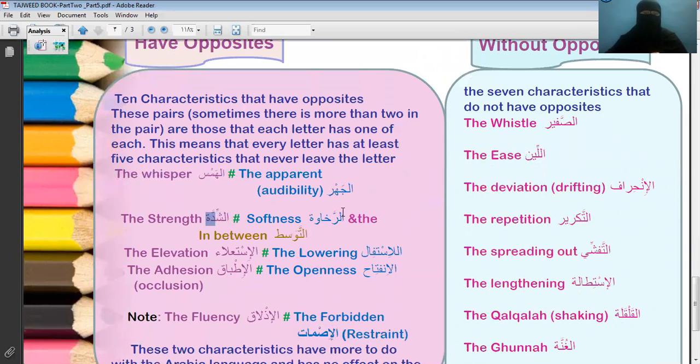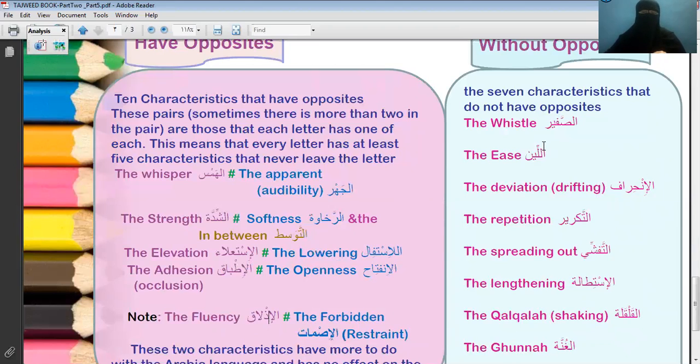Shidda, number 2, the opposite of it, rakhawa. Between shidda and rakhawa, tawasut, moderation. Number 3, isti'la, the opposite of isti'la, al-istifal. Number 4, al-itbaq, the opposite of al-itbaq, infitah. Al-idhlaq, number 5, the opposite of idhlaq, al-ismat.